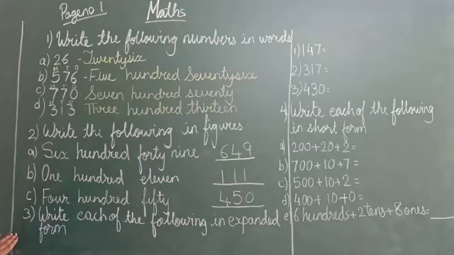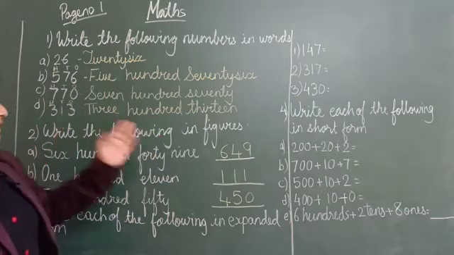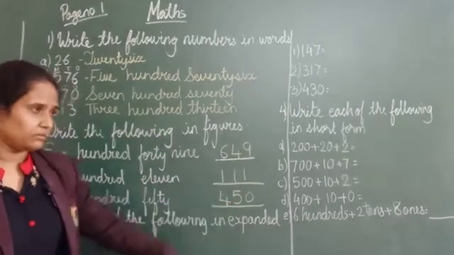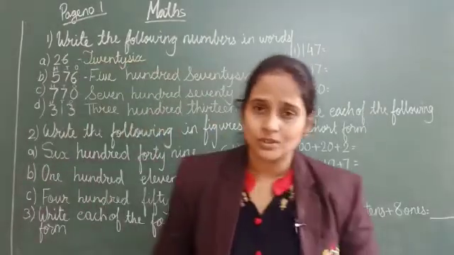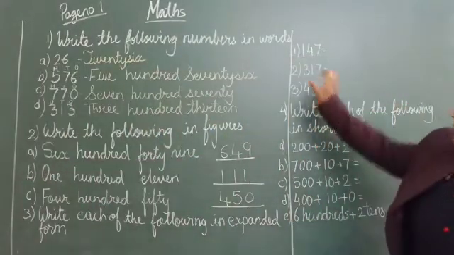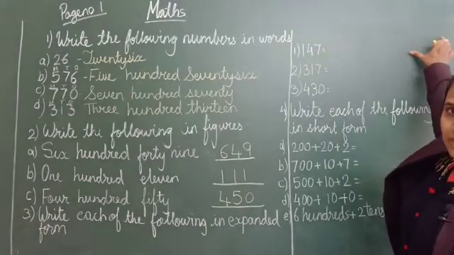Now we have to write each of the following in the expanded form. Till now numbers were given, you had to write that in words. Words were given, you wrote in the form of number. Now expanded form. What is expanded form? The number you have to write in expanded form.